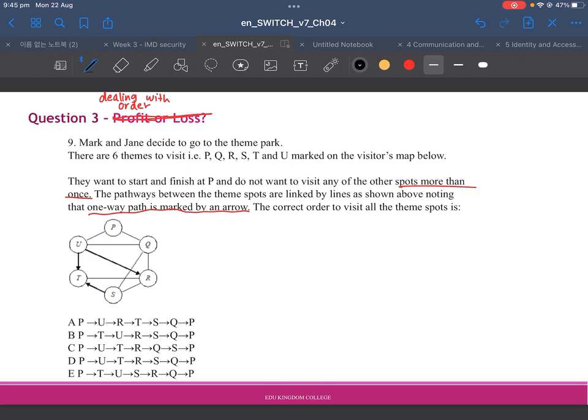Now, if she wants to start and finish at P, that means if she starts to go from P and then goes to, let's say, U, then if she wants to get back to P, the only way we can get back to P is from Q, because there is only one line that attaches back to P.